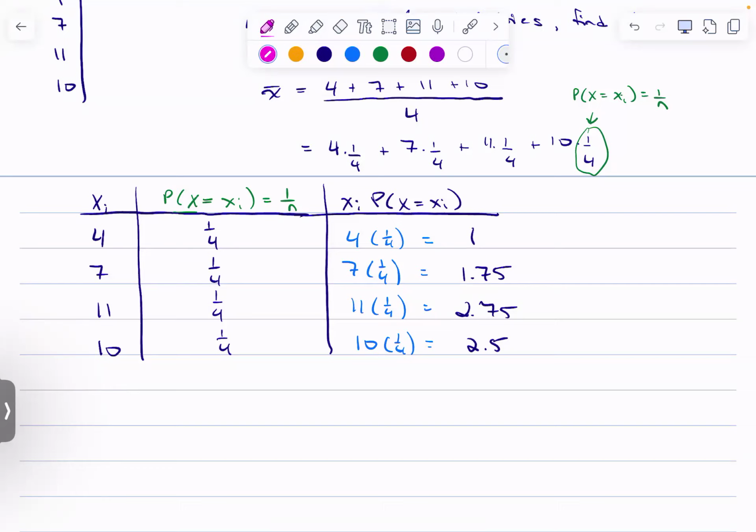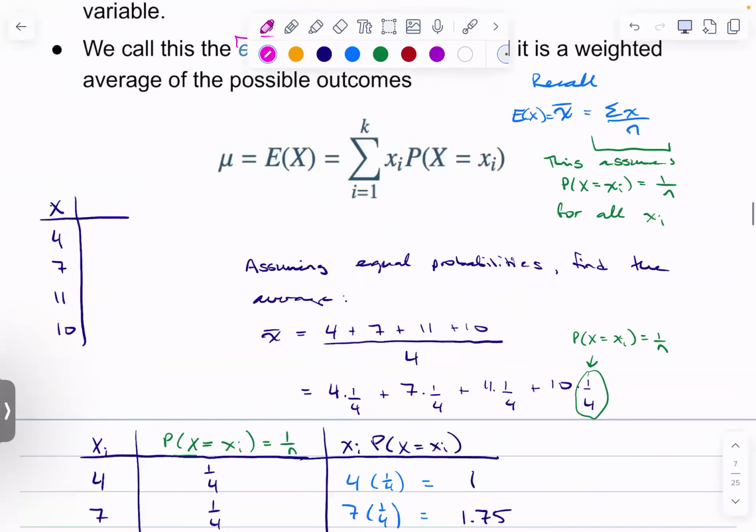If I add all these up, that's the same as the summation notation. So picking away at this summation up here, so far we've calculated x times its probability for each of the terms. Now the last step is to add them all up.